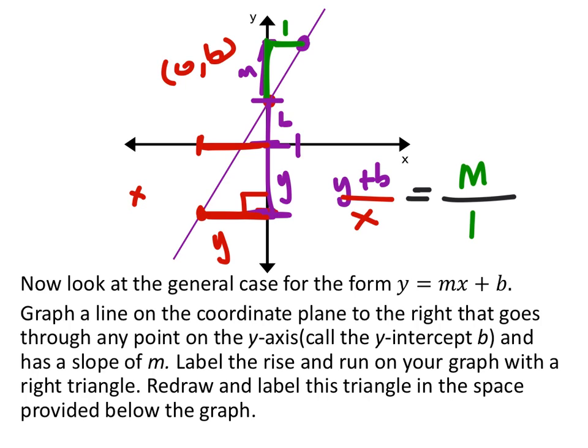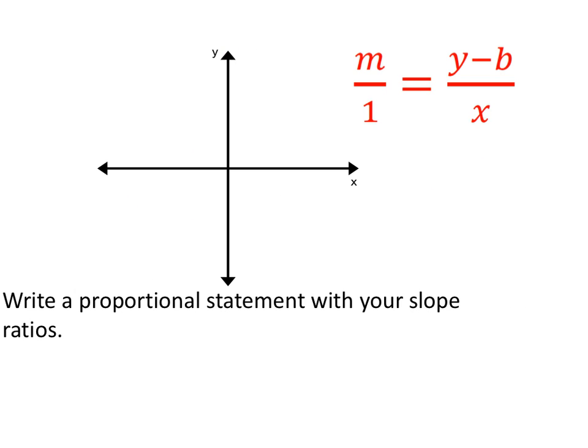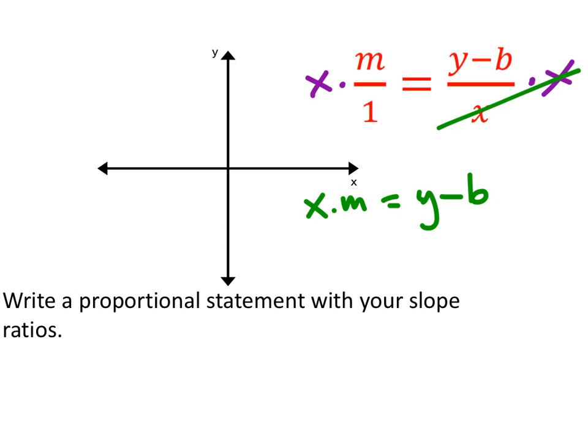So now in order to solve this, all I'm going to need to do is multiply both sides by x first. And what happens when we do that is that these two x's will cancel. So now I have x times m equals y minus b, and of course we can make that mx.